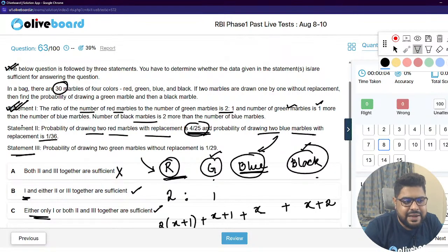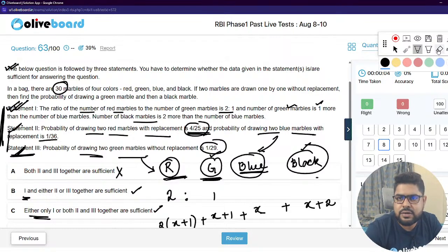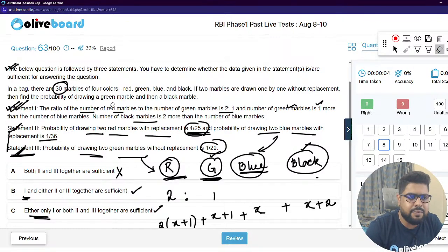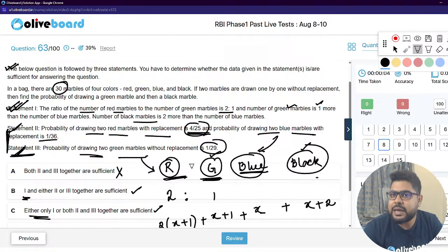So statement 3, let's check. Green marbles is given. So I know green now. Now if I combine my 2 and 3, sir, that means I now know red, I know green, I know blue.